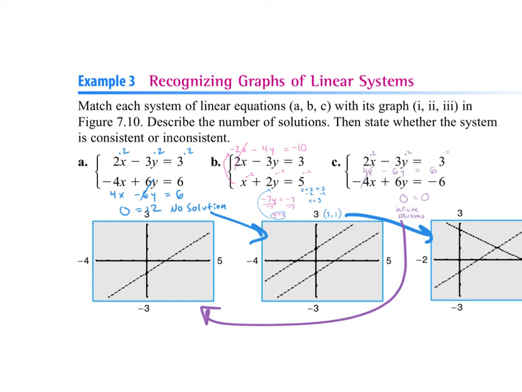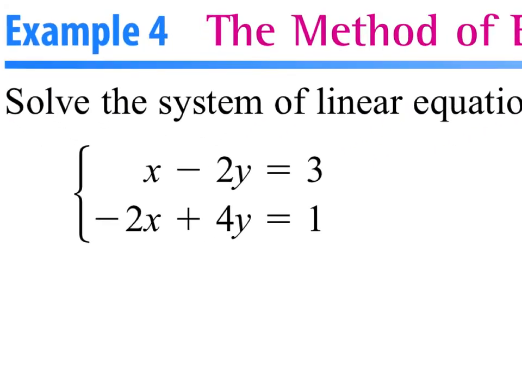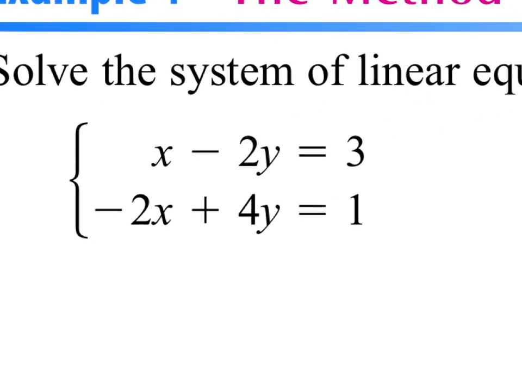Any questions on example 3? Do you want to cancel out the x's or y's? What do we have to multiply by which equation to get our x's to cancel? The top one by 2. So our new top equation is going to be 2x minus 4y is equal to 6.